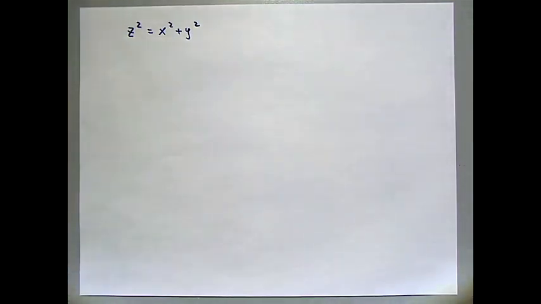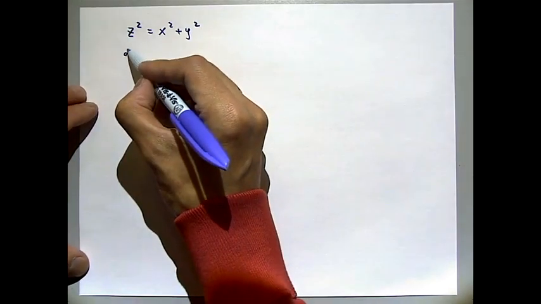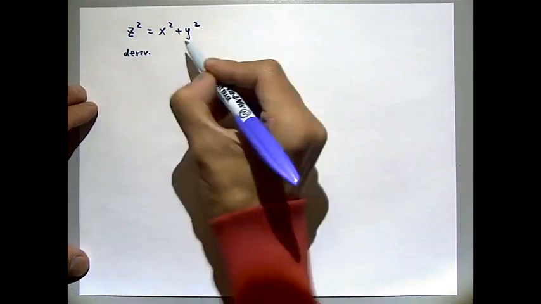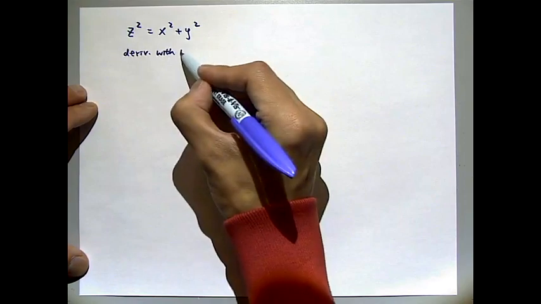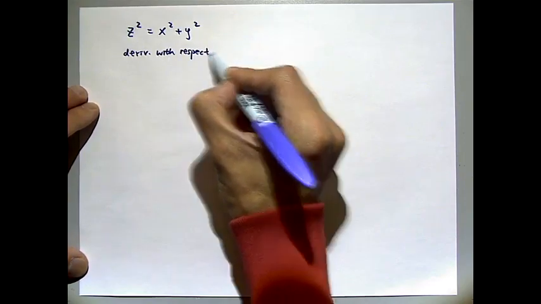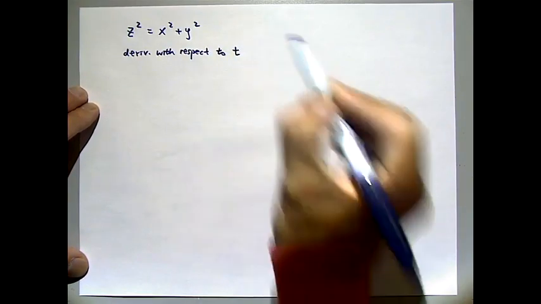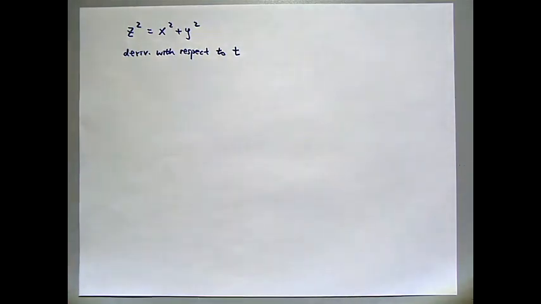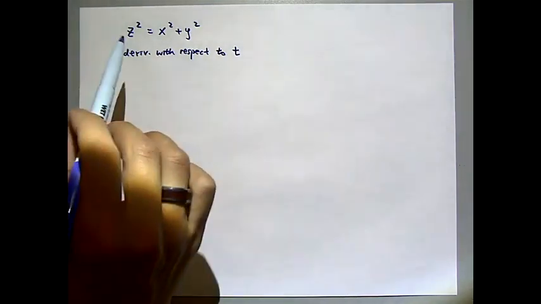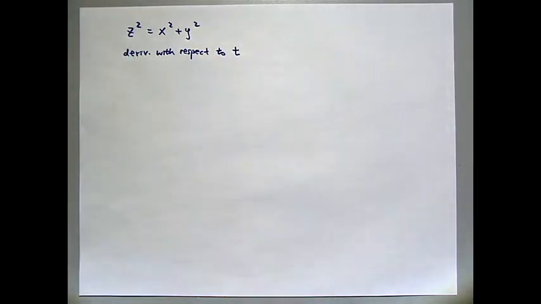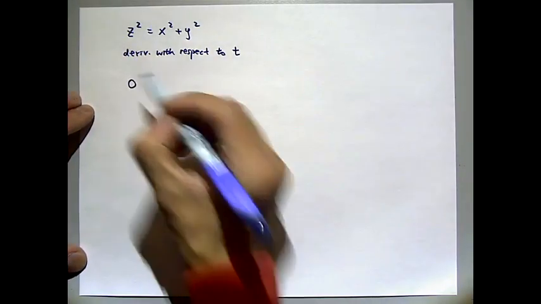Now we differentiate with respect to time. Remember, z is a constant. When we take the derivative of that, we're going to get a 0.